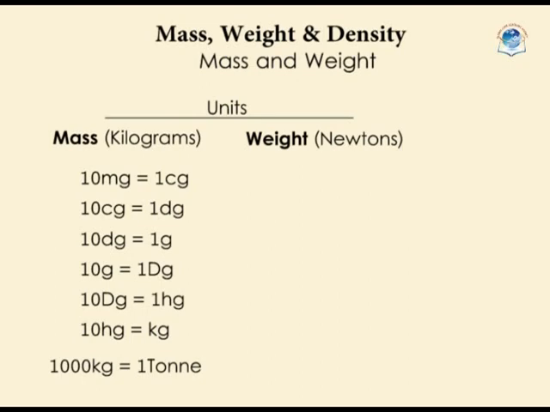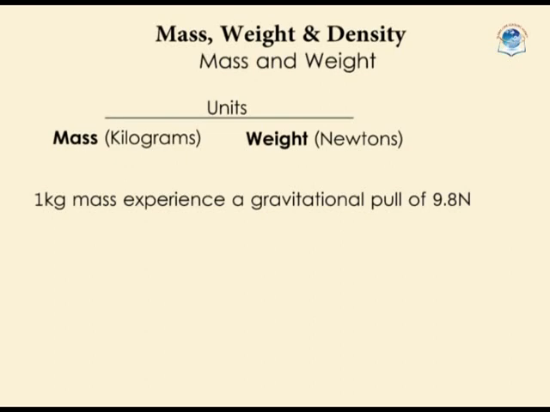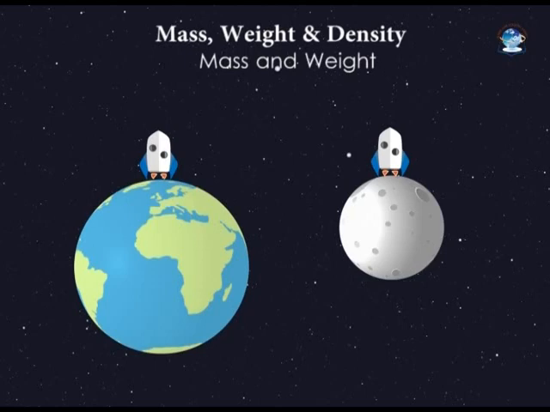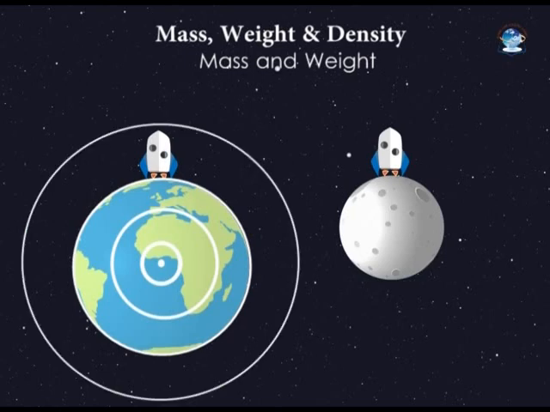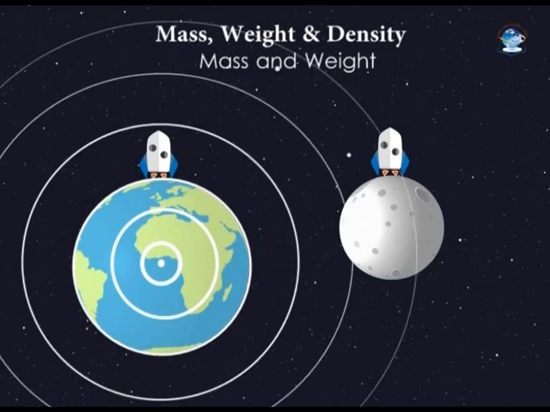It has been shown through experiments that a body of mass 1 kilogram experiences a gravitational pull of 9.8 newtons. The force of gravity tends to pull things towards the center of the Earth. As you move away from the Earth's center and into space, you experience lesser and lesser gravitational pull, and so you weigh less.